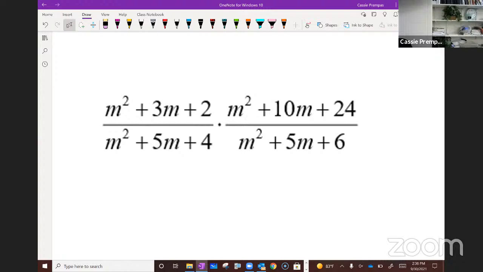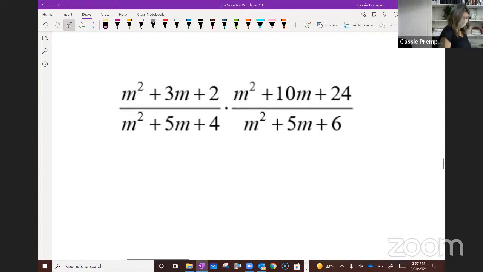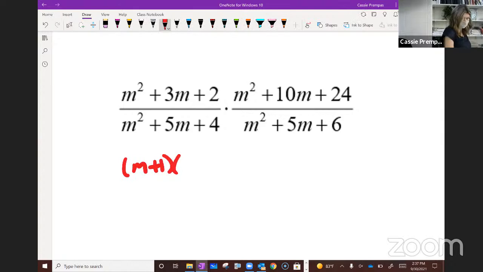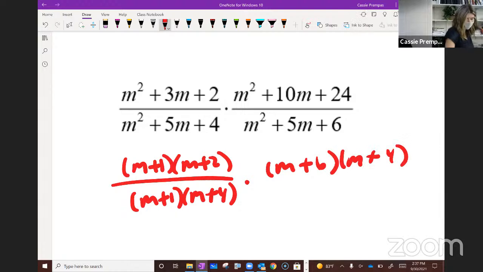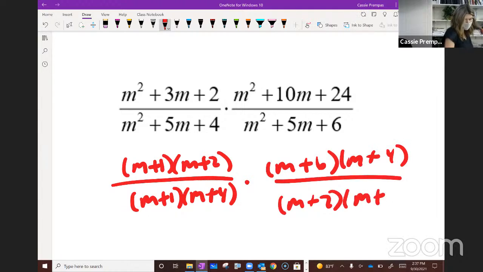All right, guys. The answer was M plus 6 over M plus 3. Let's take a look. We should have had M plus 1 times M plus 2 over M plus 1 times M plus 4 times M plus 6, M plus 4 over M plus 2 times M plus 3.